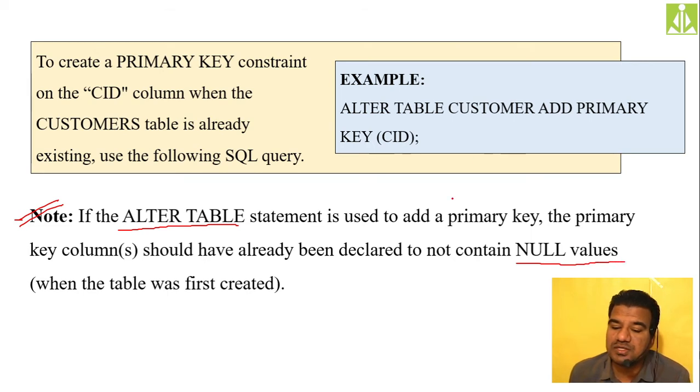Before the creation of this primary key, it should not contain null values when the table was first created. So it should already have the not null constraint imposed on it. Then only you can put the primary key. This is if you are altering the table for the primary key. But if you are imposing the primary key at the time of creation of the table, there is no need for this sort of constraint. Okay, so hopefully you understood.